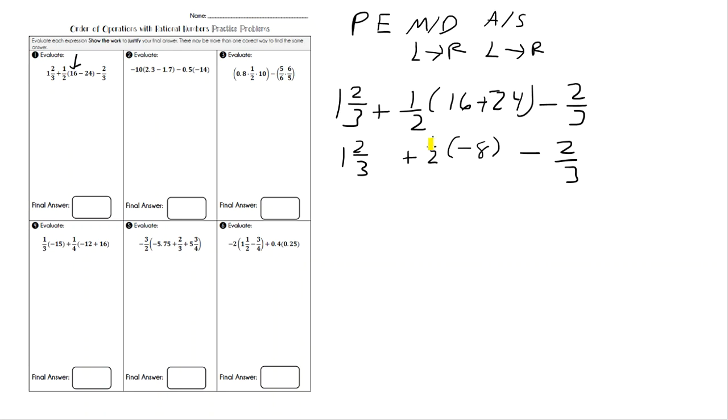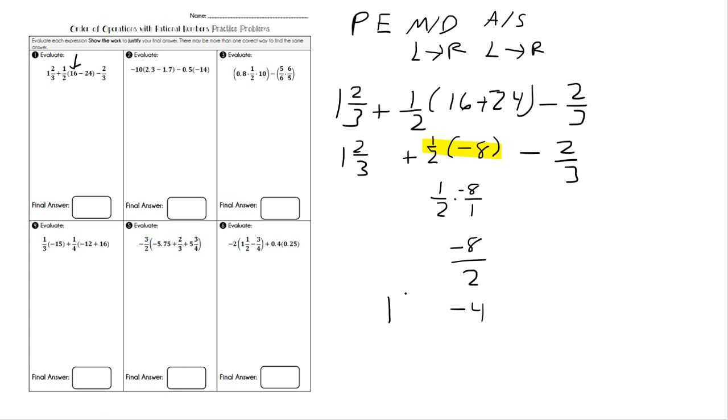So we're going to do 1/2 times negative 8. To make 8 a fraction, I just put it over 1. Remember, to multiply fractions, you do top times top. So 1 times negative 8 is negative 8, over bottom times bottom, 2 times 1 is 2. Negative 8 divided by 2 is a negative 4.